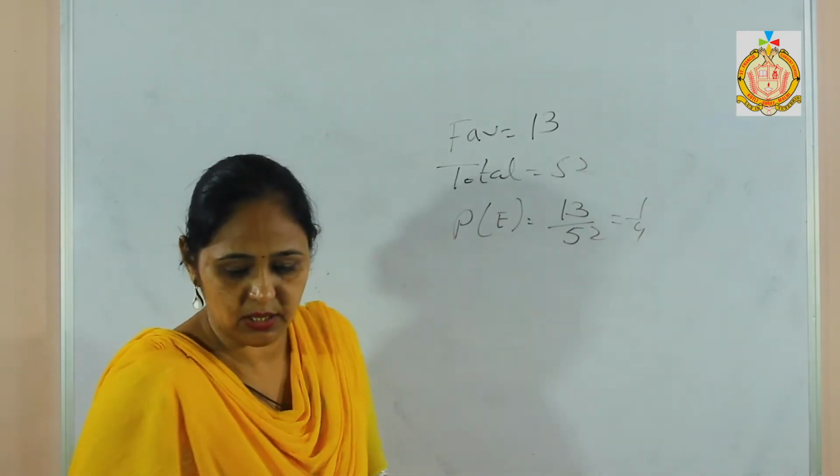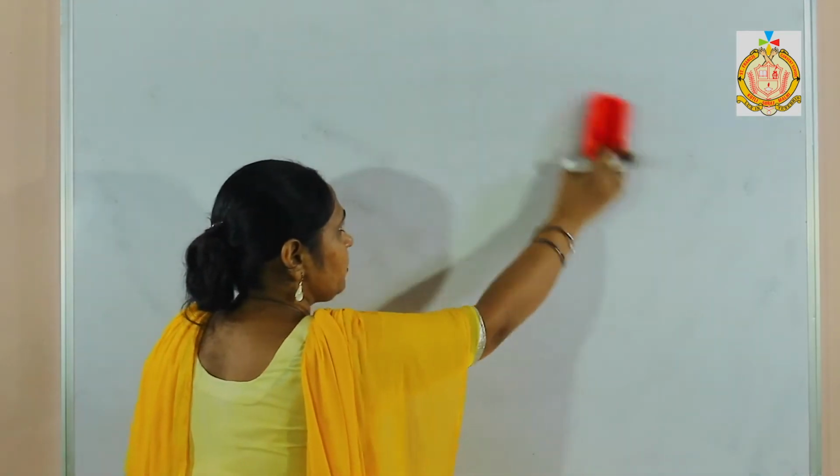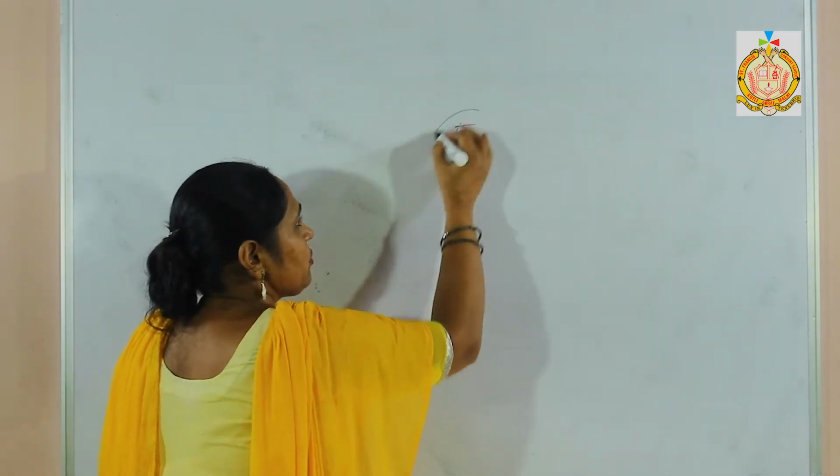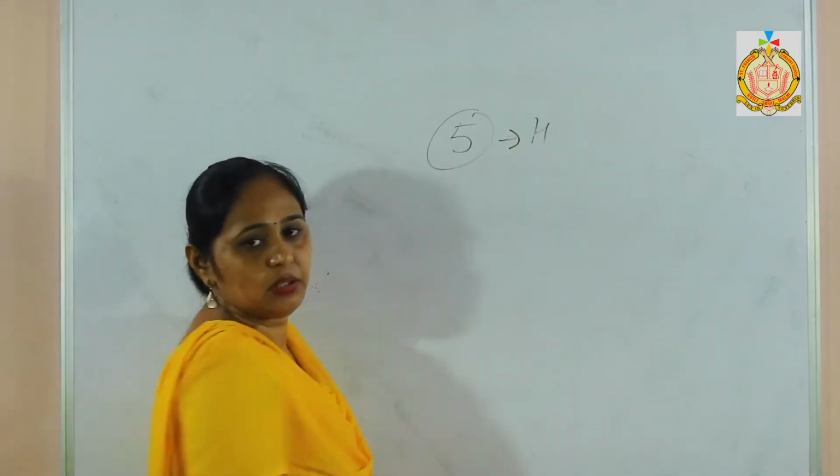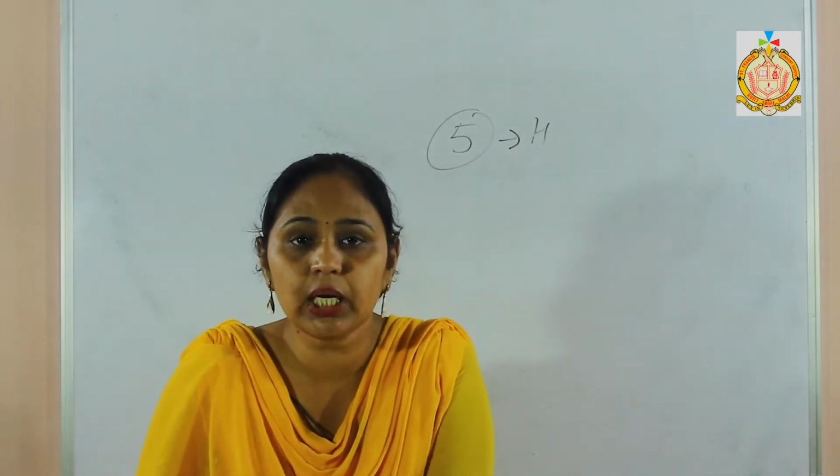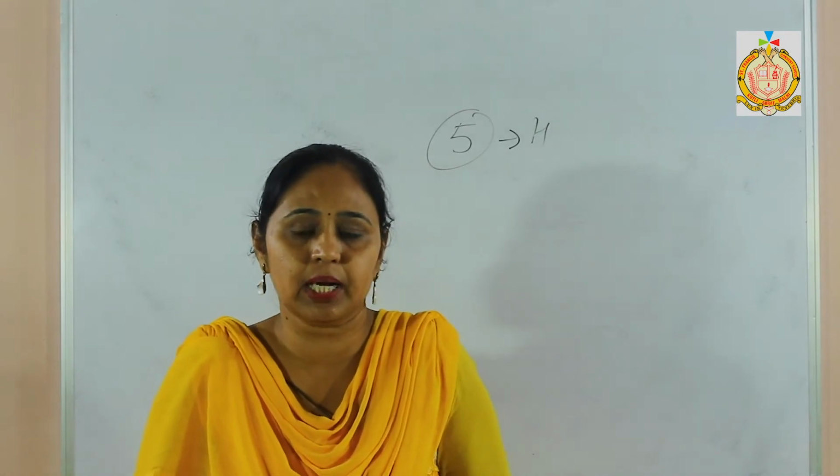Now see this fourth part. 5 of heart. How many 5s are there? In each type there is only one 5. That means in heart there is one 5. I take this 1 five from the heart. Then the next condition says, or a diamond. How many diamond cards are there?